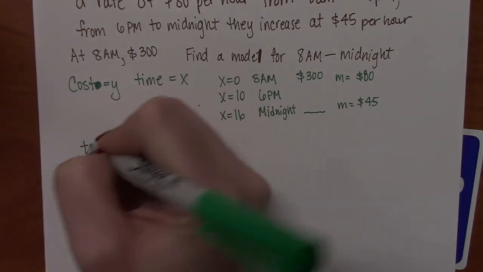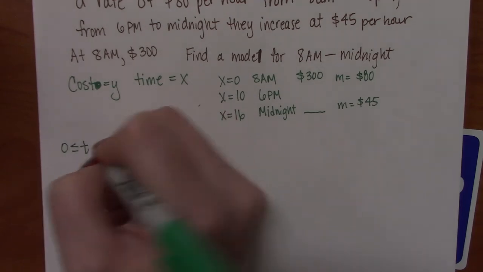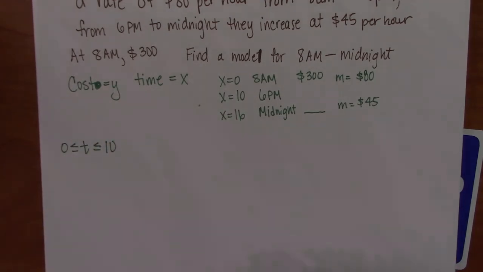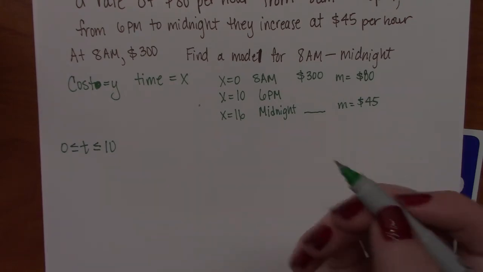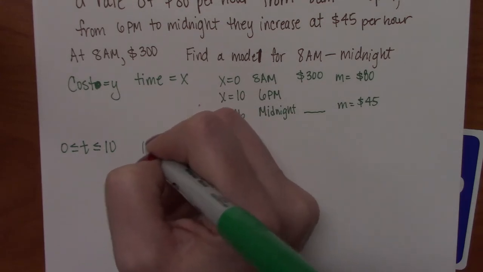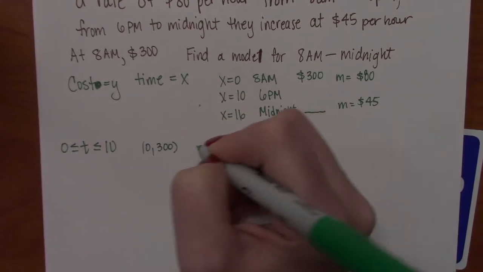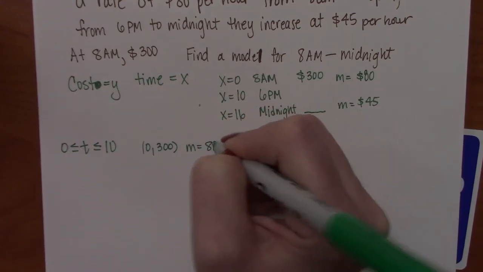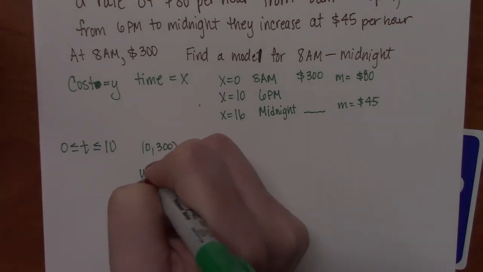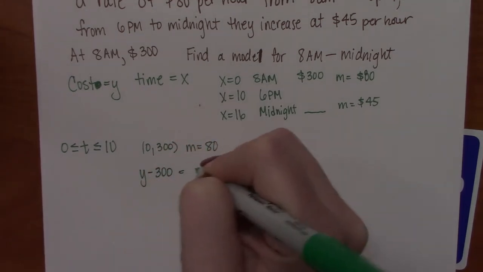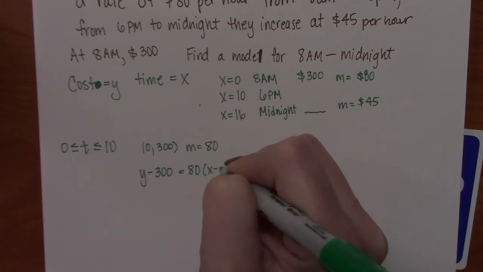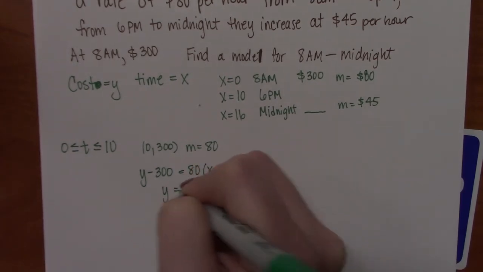So from t equaling 0 up to t equaling 10, that's 8 a.m. to 6 p.m., the first 10 hours of the day, right? We know that at 0 the cost was $300, and we know the slope was 80, so we can simply use the point slope formula to get the equation of that line.